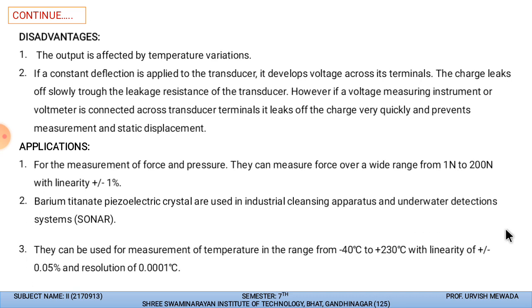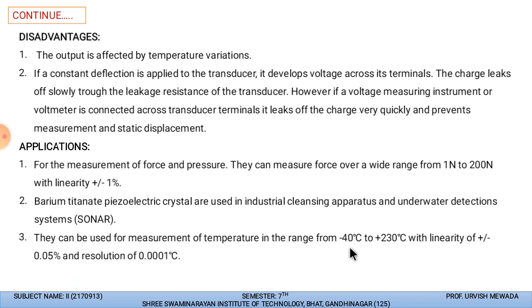And they can be used for the measurement of temperature in the range from minus 40 degrees centigrade to plus 230 degrees centigrade with a linearity of plus or minus 0.5%. So from this you can judge how sensitive this device is, and the resolution is 0.0001 degree centigrade.